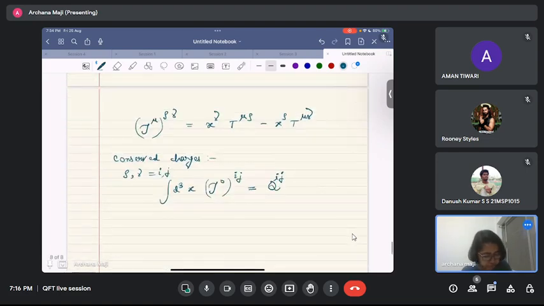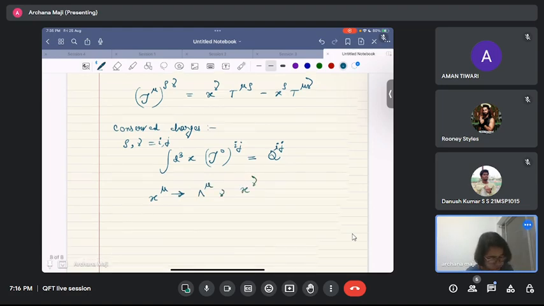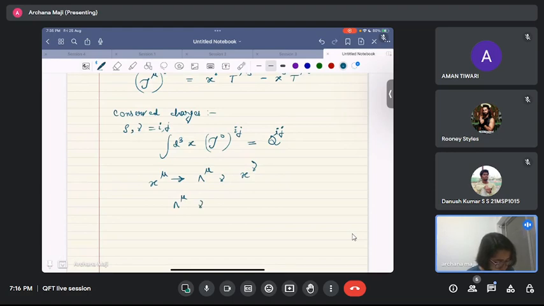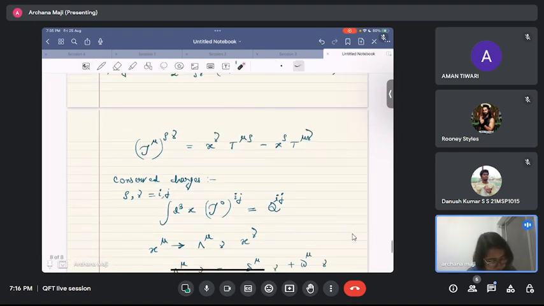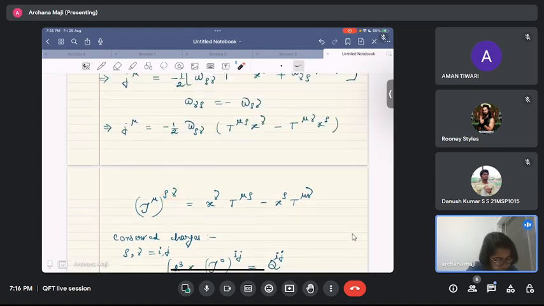You understand why? Because our transformation was x mu going to lambda mu nu x nu. Now lambda mu nu we considered to be delta mu nu plus omega mu nu. Now these indices rho and nu are nothing but the corresponding indices of this omega rho nu.